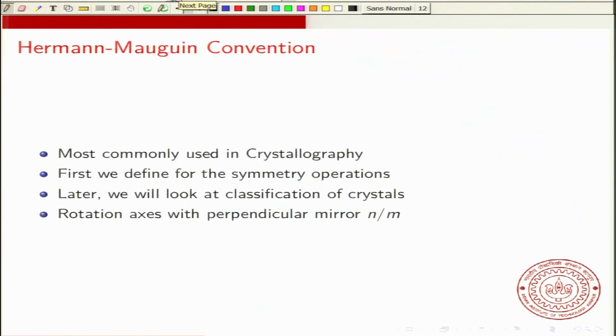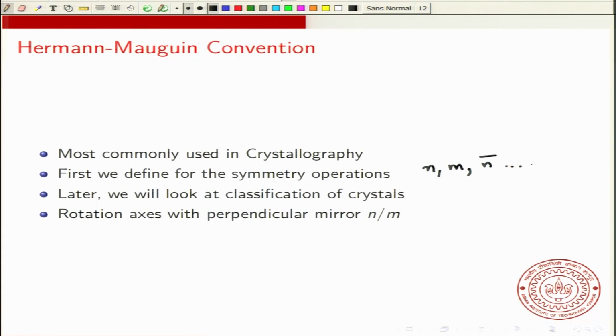Okay. So, I'll talk a little bit more about the Hermann-Mauguin convention. This is most commonly used in crystallography. What is done is first we use it to define the various symmetry operations, and that we have already seen. So we have things like n, m, n bar, and so on, and we'll see soon that we can also use it to classify the symmetry operations that are not point symmetry operations, the translational symmetry operations.